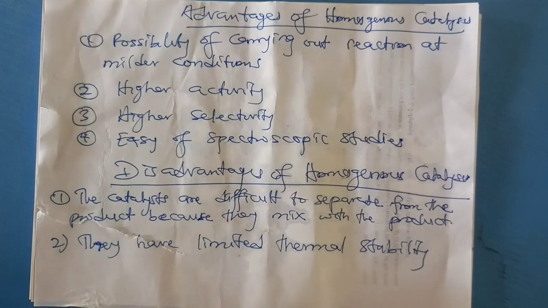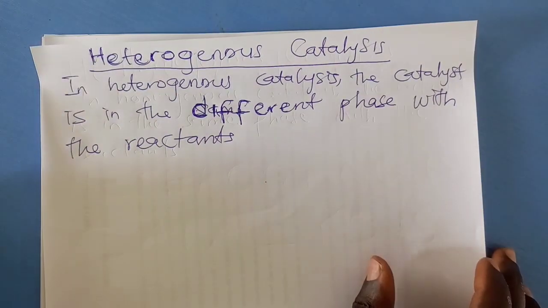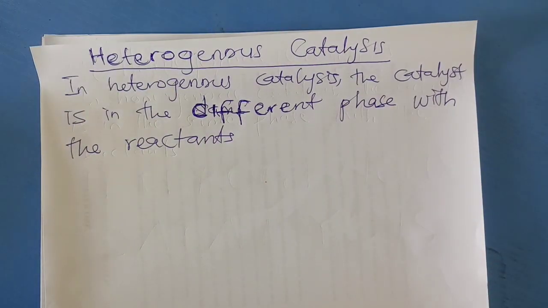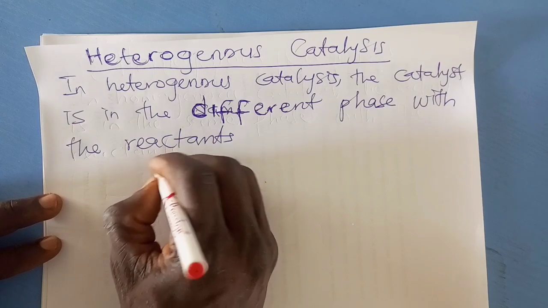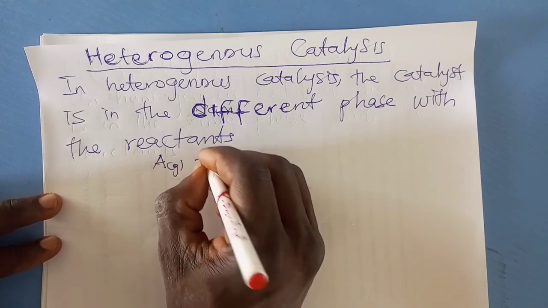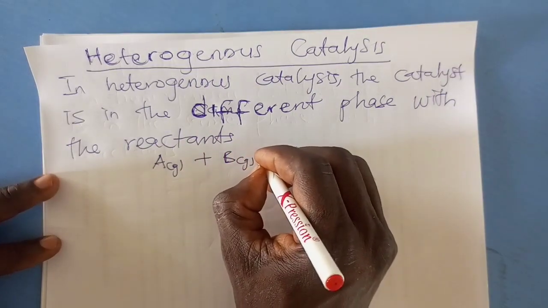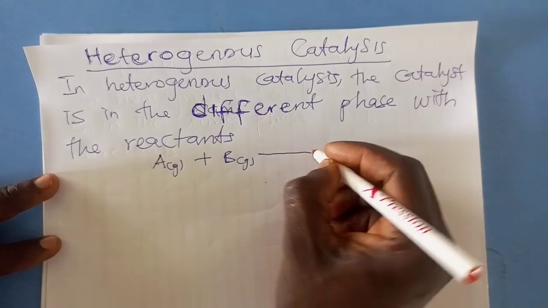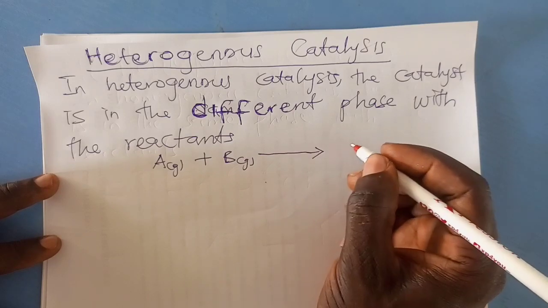So let me quickly go to heterogeneous catalysis. For heterogeneous catalysis, the catalyst is in a different phase from the reactant. I'm using letters to explain that so that you understand very well. Another name for heterogeneous catalysis is solid catalysis.